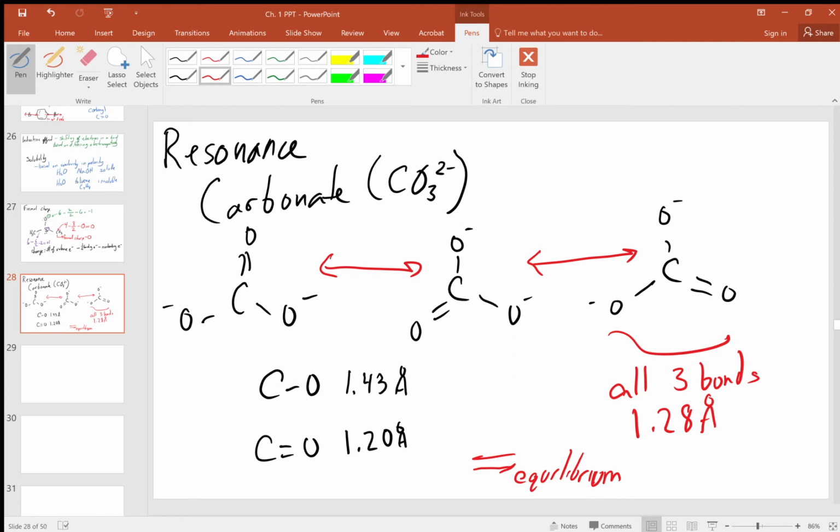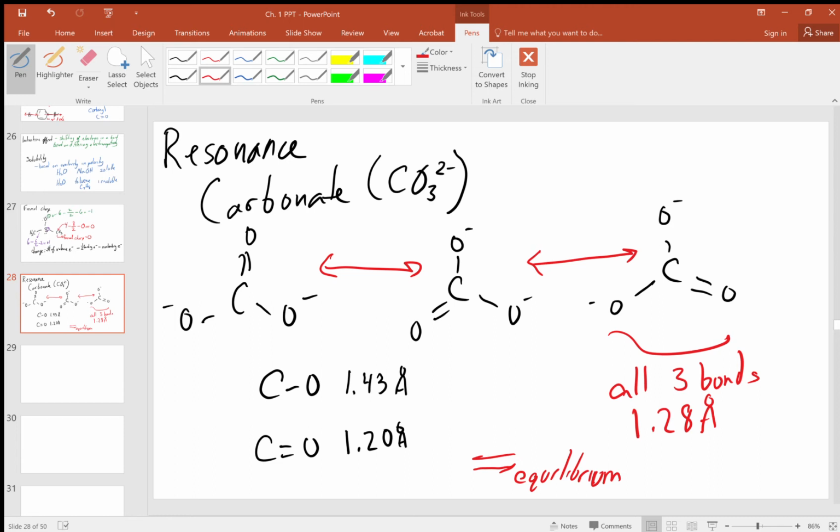And so very, very importantly, when we're dealing with resonance structures, as we are here for carbonate, the actual structure of carbonate is a hybrid of these three. We don't mean that these three structures are interconverting, because they're not. The three structures, the way we've drawn them here, don't actually exist.